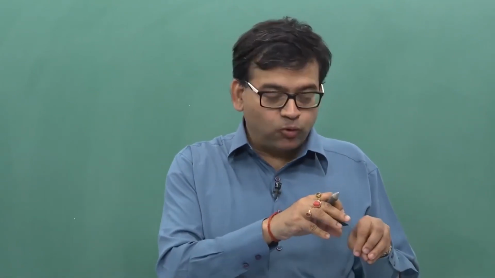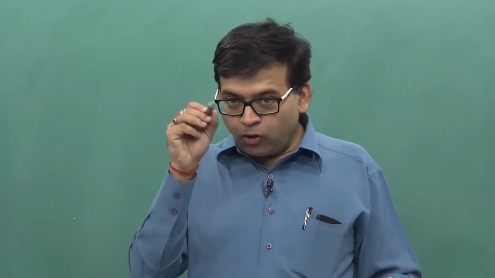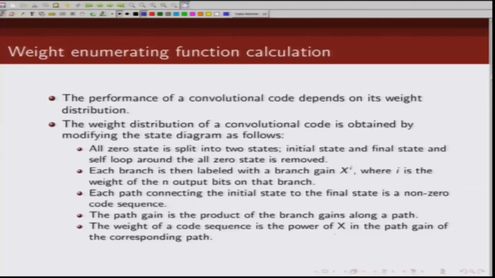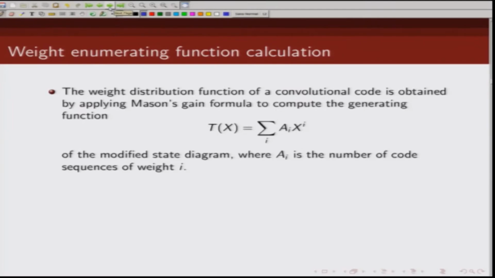So, if we look at each path going from the initial state to the final state and look at the power of x, that will give us the overall weight of that particular non-zero code sequence. As we said, we are going to use Mason's gain formula to compute the weight enumerating function for the convolutional code.